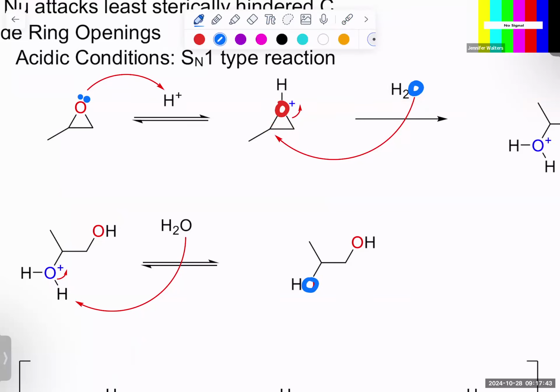And this arrow is incorrect. The oxygen is coming in and it's going to attack the more substituted side because that's what SN1 does. Because it's a weak nucleophile and it's an SN1 type reaction, we're going to attack the more substituted side. So I have to open up the ring on the left-hand side. So it's the left bond that pops open.